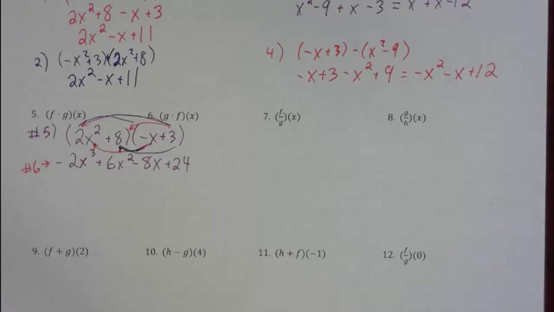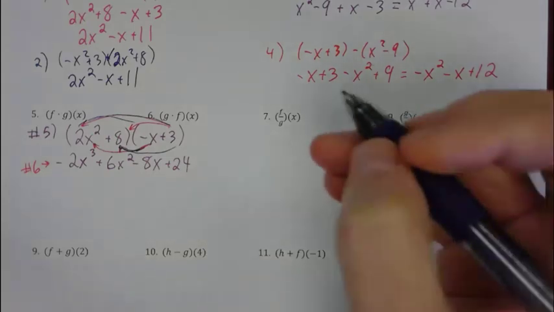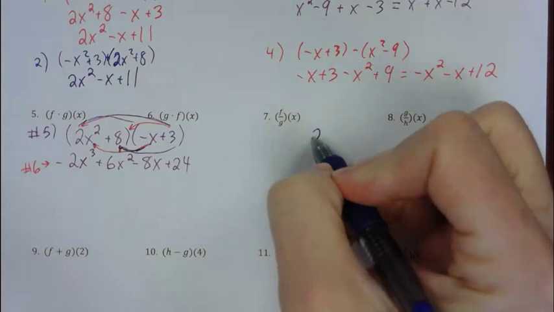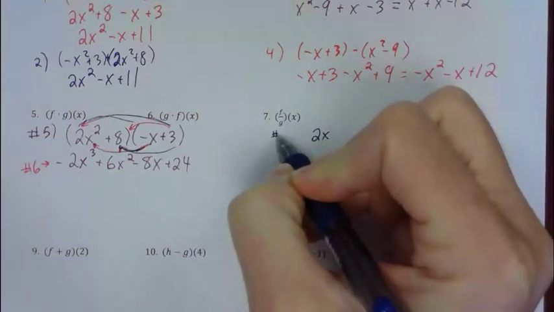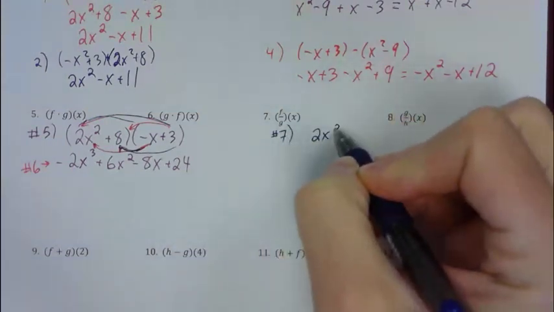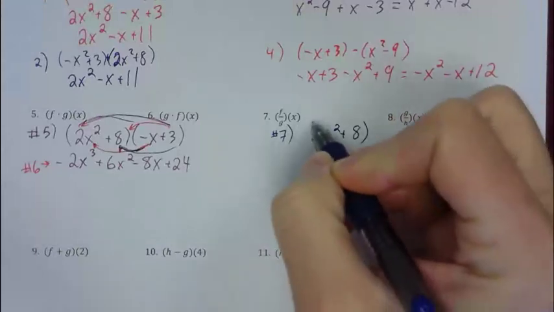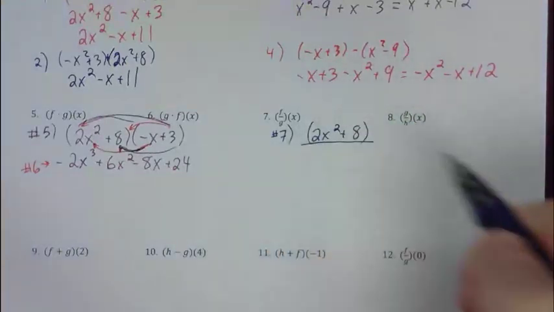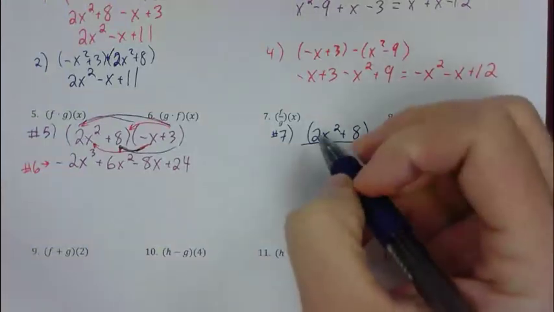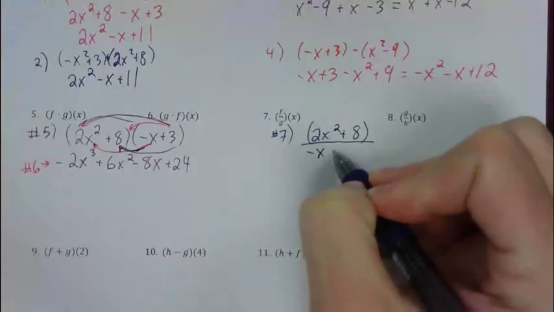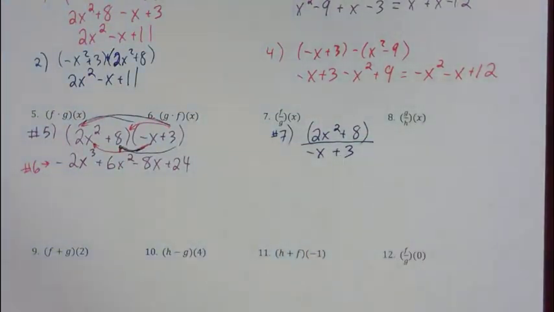Now we can do our last operation, which is division. For f, number 7 here is going to be 2x squared plus 8, and that is being divided by g, which is negative x plus 3. At first glance, there's nothing we can do to divide those, and we're not going to worry about polynomial division right now.